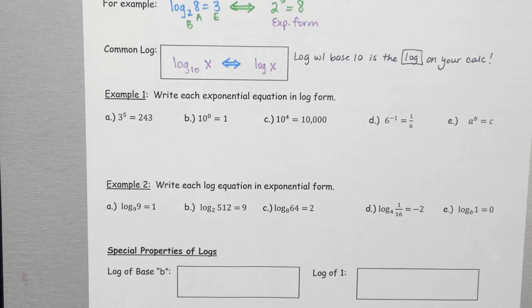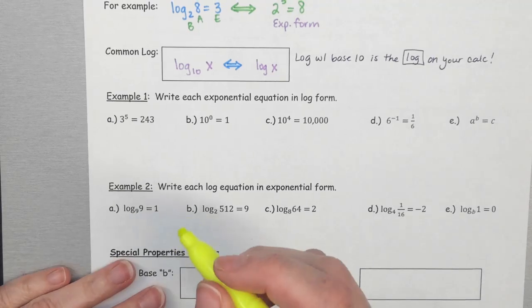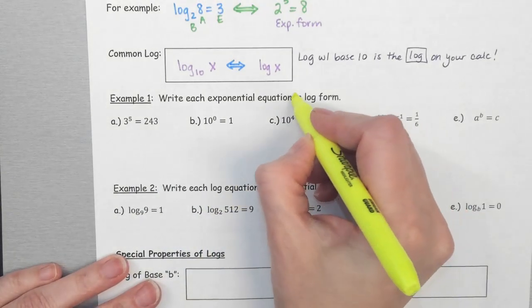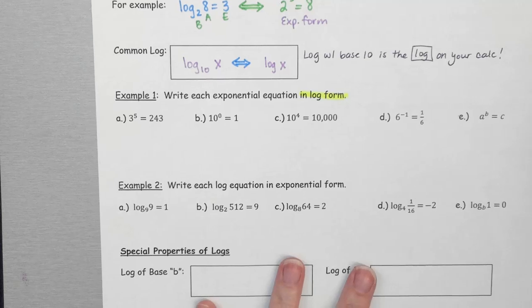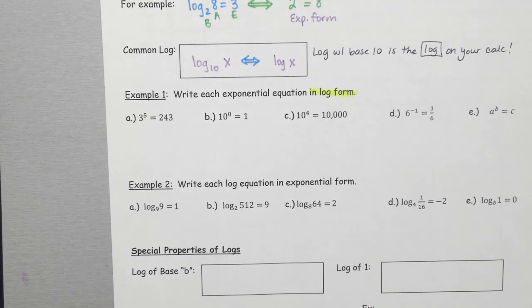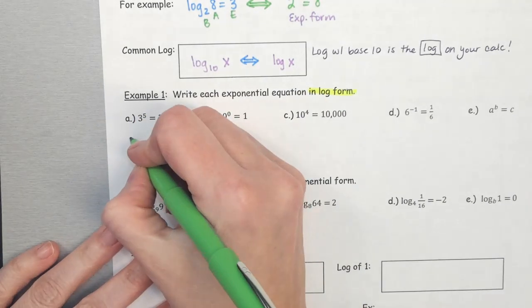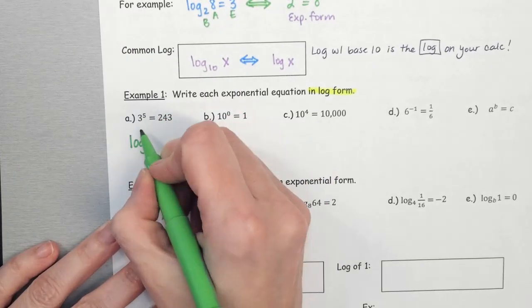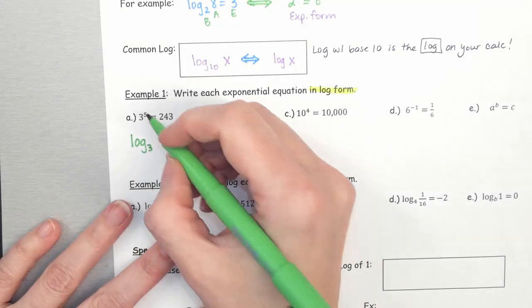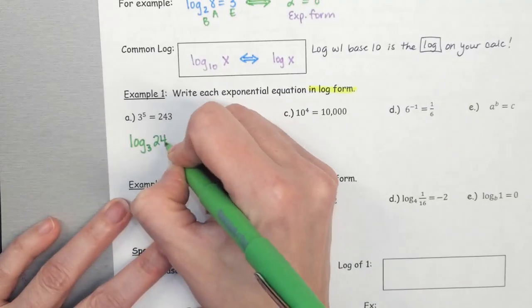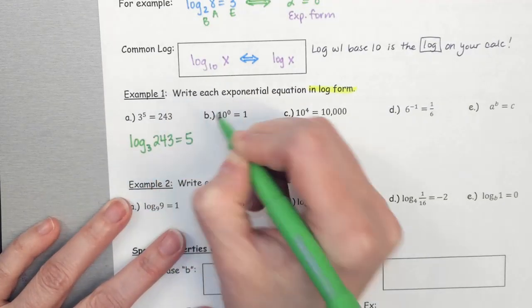For example 1, it says write each exponential equation in log form. So it's given an exponential, you have to write it as a log. Again, make sure you're writing this correctly. You want your log, and then your base is a little subscript here. So it's log base 3 of 243 is equal to 5.